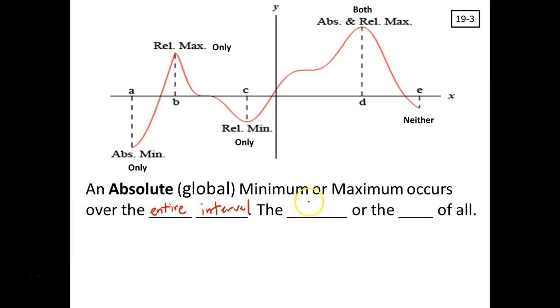So it is the biggest or the smallest of all, the largest or the smallest. When you're thinking about absolute, you think about the word global. So global is over the entire interval.